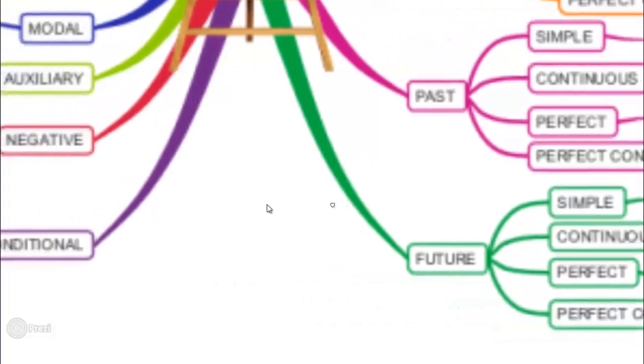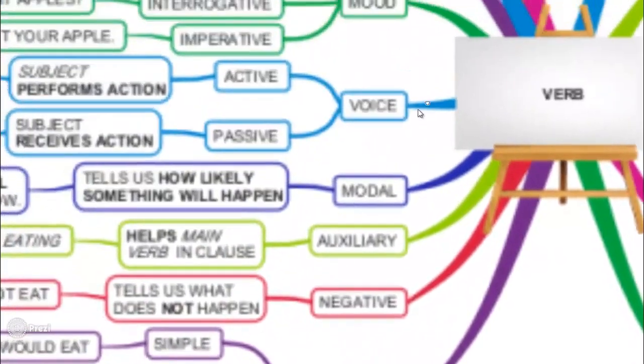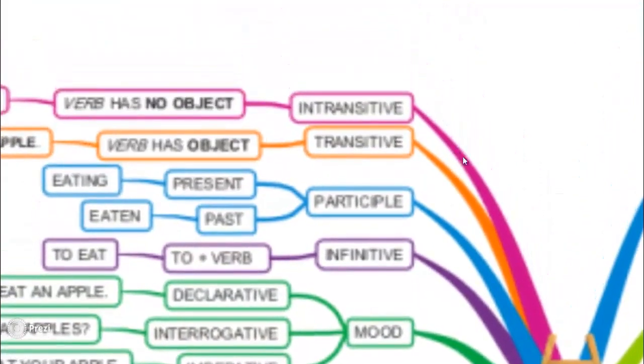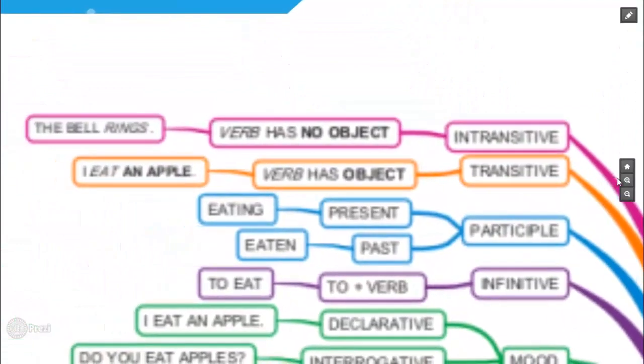But then there's something I really want to talk about, like the description, the types of verbs. For example, we can talk about intransitive verbs. I'm pretty sure you're taking notes by now. Intransitive verbs are verbs that have no object, like the bell rings. The action is not being transited. The action is not being received by an object.